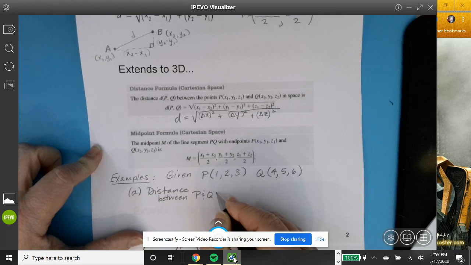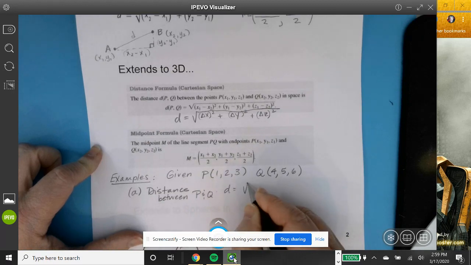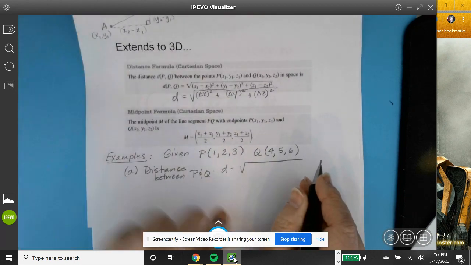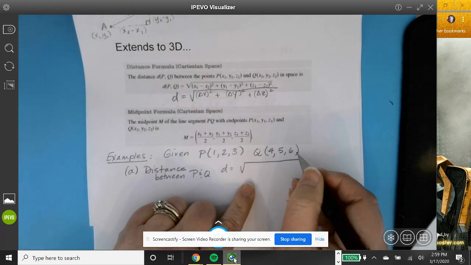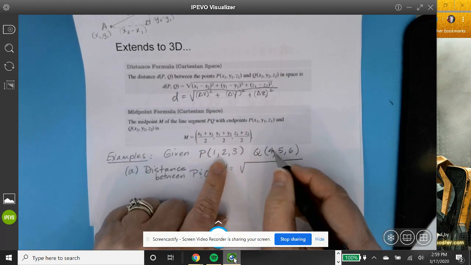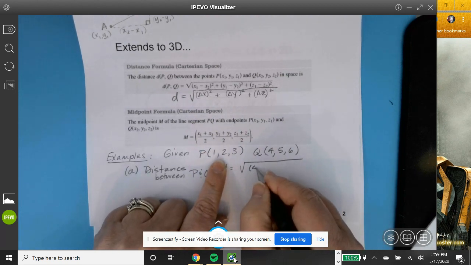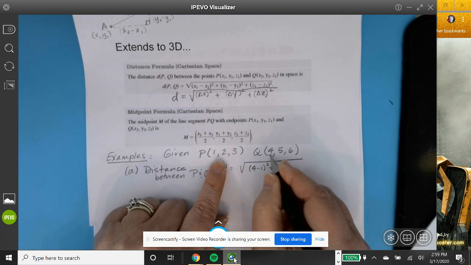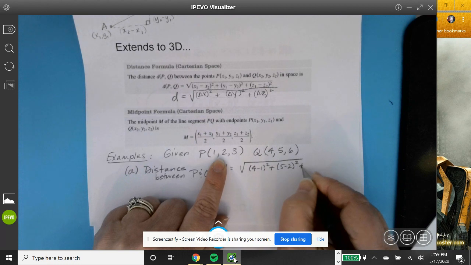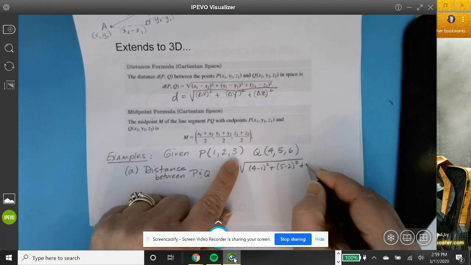Well, how do we do that? We know the distance is equal to the square root of the change in x's squared, plus the change in y's squared, plus the change in z's squared, all added together and square rooted. So I'm going to do 4 minus 1 quantity squared, that's the change in x's, plus 5 minus 2 quantity squared, plus the change in z's, which would be 6 minus 3 quantity squared.